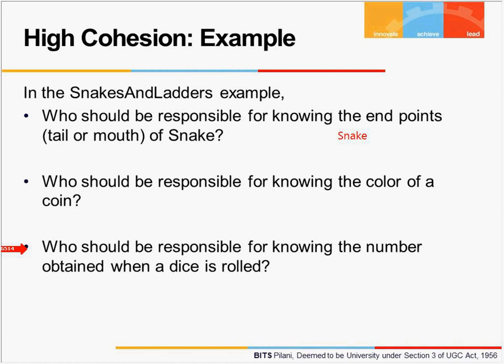That's the dice itself, which is responsible for knowing the number obtained when the dice is rolled, and by no means storing. Of course, my dice will have a number generated by a random number generator, which generates a number between 1 to 6 and returns it to the invoking class. So it is the dice which is responsible for knowing the number obtained when a dice is rolled.